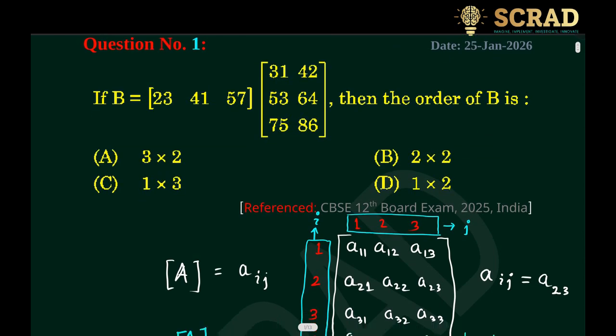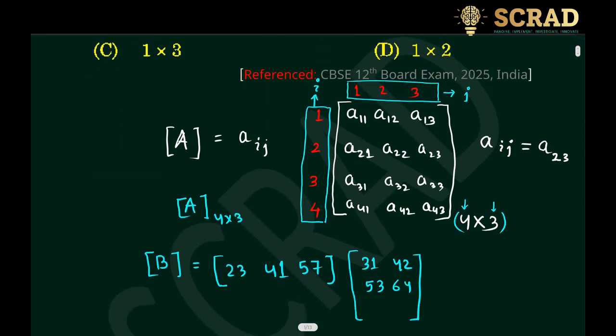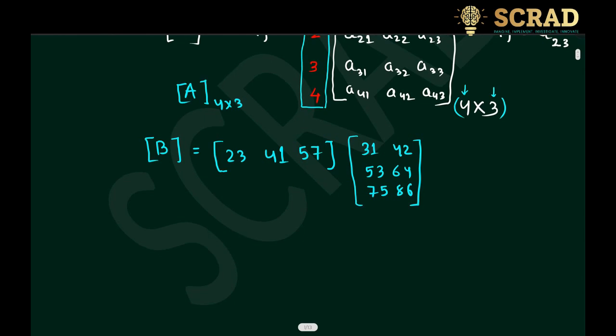Next is 53, 64, 53, 64. Then 75, 86, 75, 86. Okay.